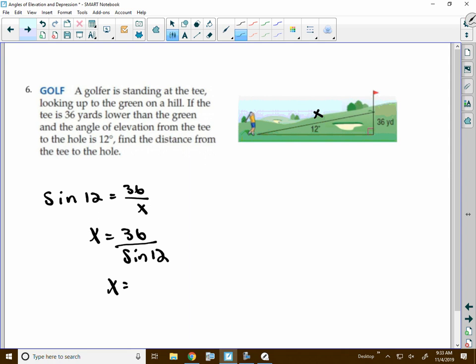First up here, I would say. You guys get 173.2? Yeah. And that's yards.